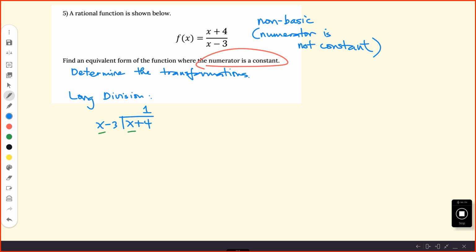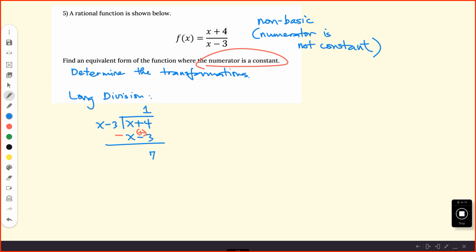So 1 times this is just x minus 3. Okay? And then we subtract, right? So this one becomes a positive, and then proceed to addition. So that's going to be what? What's going to be the remainder? 7. Okay, so the quotient is 1, the remainder is 7, and the divisor is x minus 3.